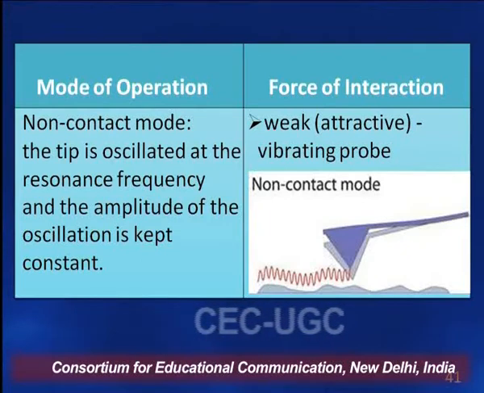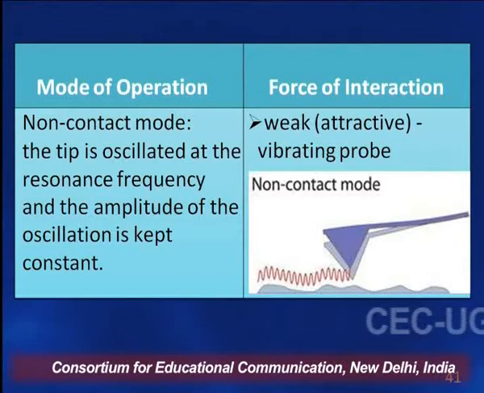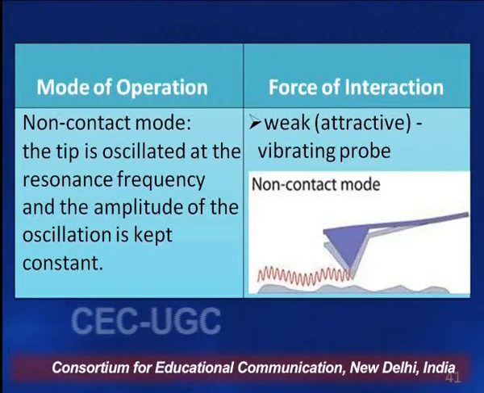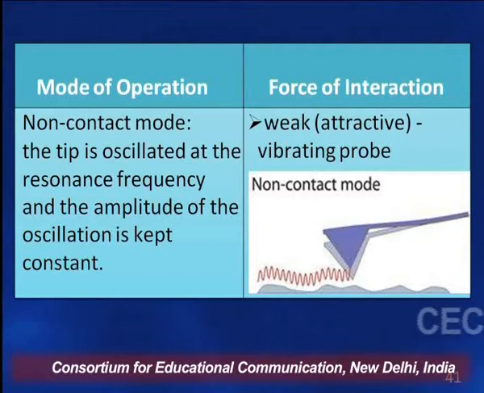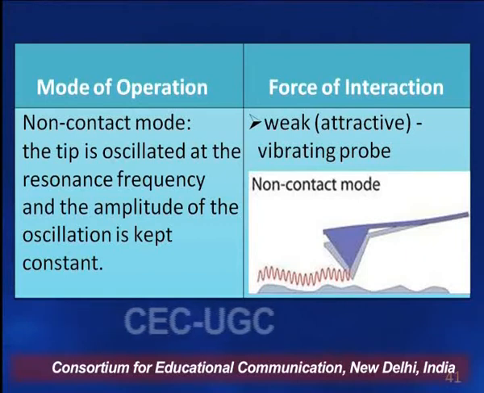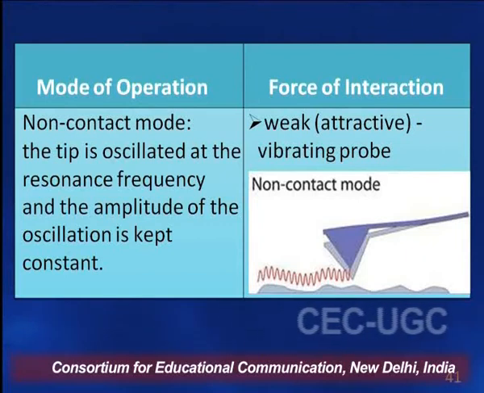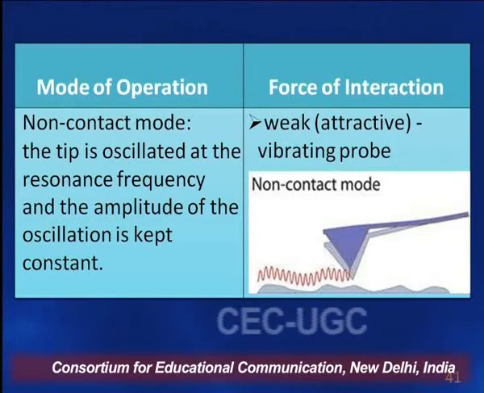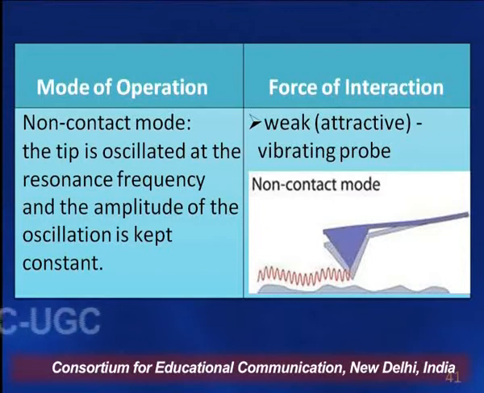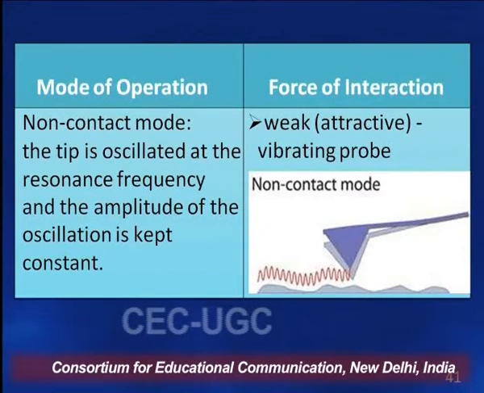Here you see in the diagram how this tip is moving according to the surface structure, but with the resonance frequency, and the amplitude of this oscillation is kept constant. This is a very important point. There are weak attractive forces. The force of interaction is weak, and we can say it is a vibrating probe. The probe is vibrating over the surface of the sample.